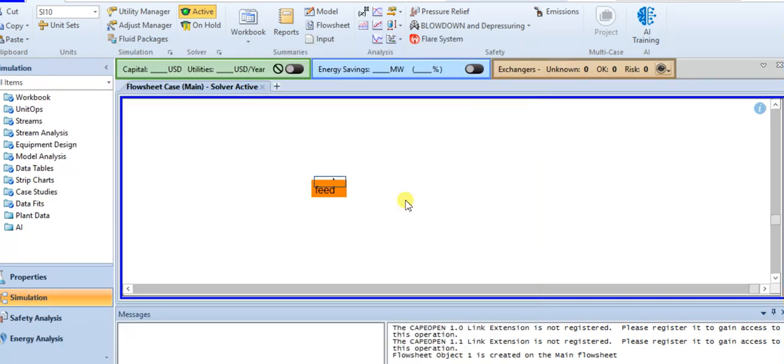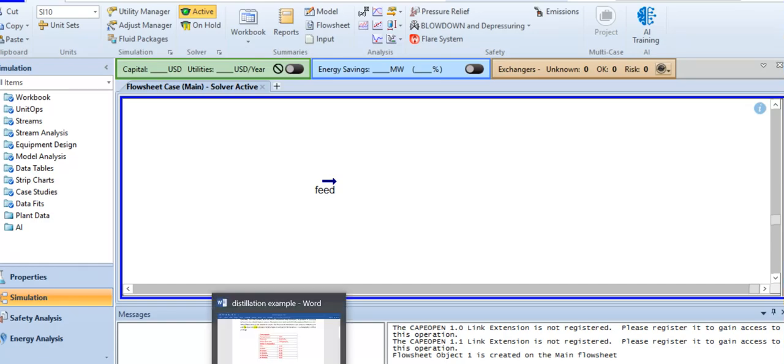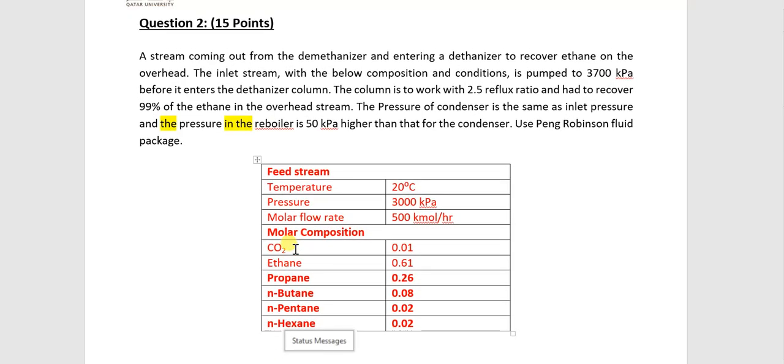Now, normally these are gases, isn't it? And one thing I want your attention on here: it says the inlet stream is pumped. Usually we pump liquid, and if we need to increase the pressure of gases, we use a compressor.